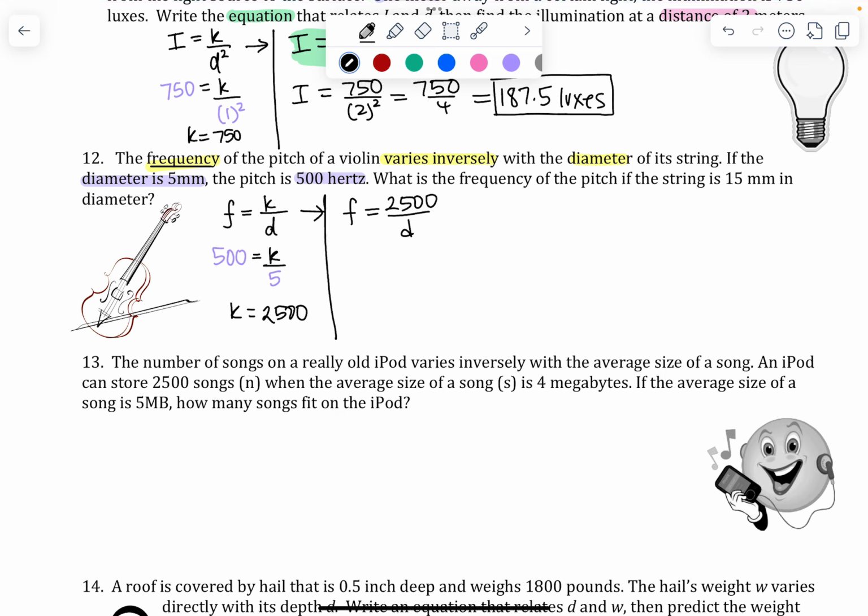Step 1 done. What is the frequency? We're looking for F of the pitch if the string is 15 millimeters in diameter. So we're plugging in that 15 for D, and then dividing.